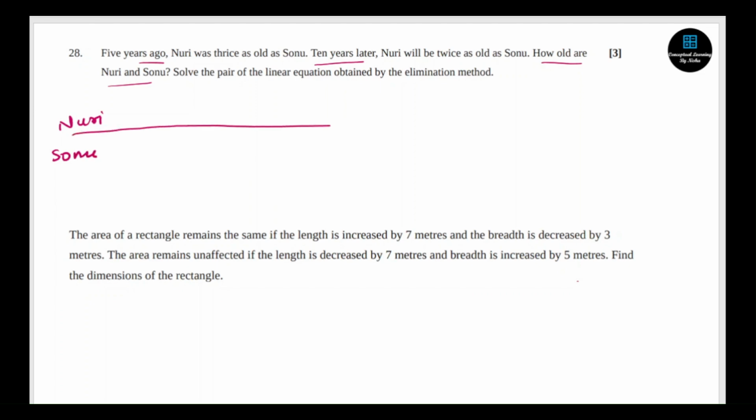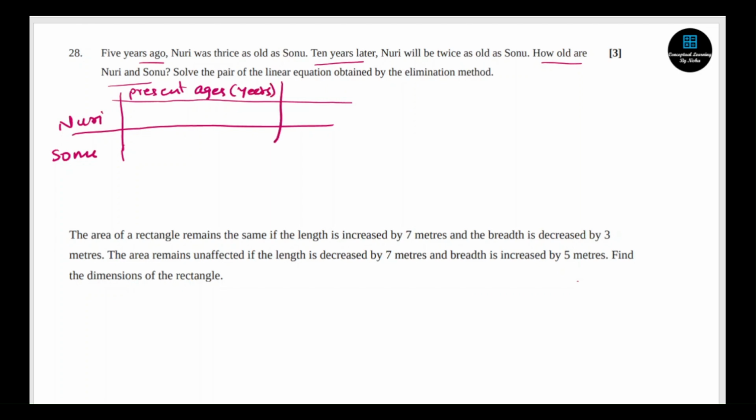Now I'll make this table, so that is more easy and convenient. If you don't know how to solve this question, you can watch my video based on simultaneous equations, elimination method and all. Just go through that once so that you can understand. Now, present ages. These are in years.